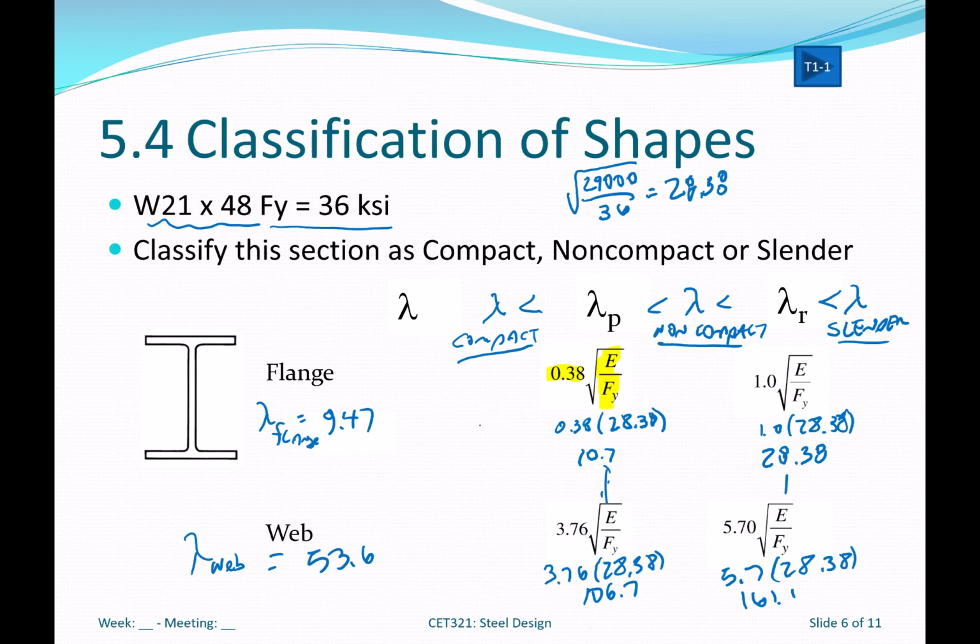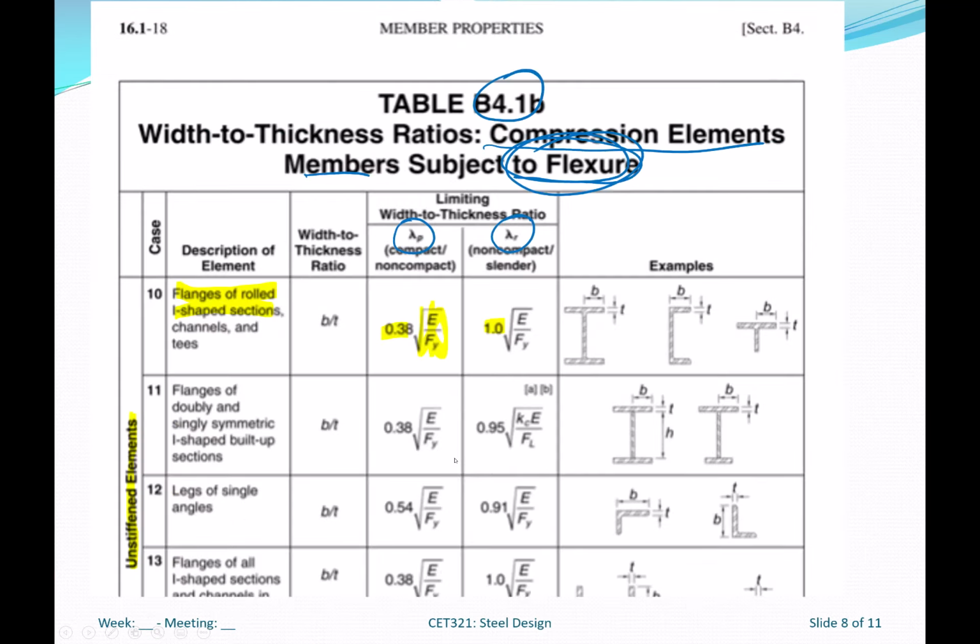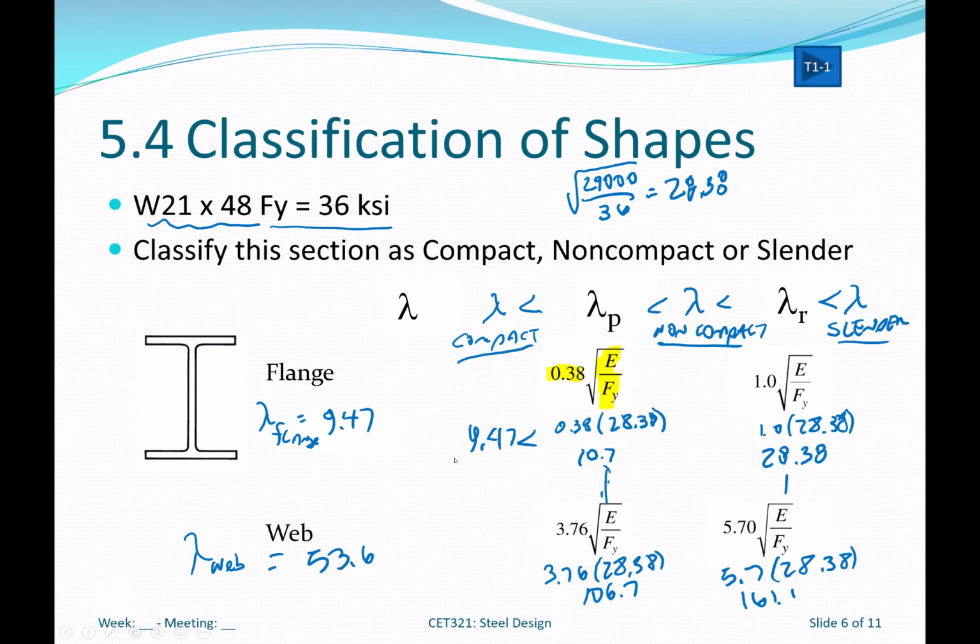Here, 9.47 is definitely less than 10.7. So this flange is compact. The flange is classified as compact. Certainly 53.6 is less than 106. So this web is also compact.